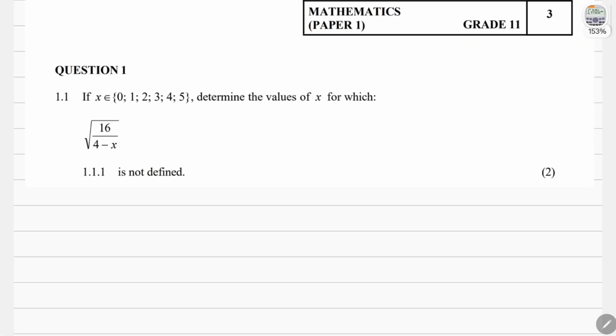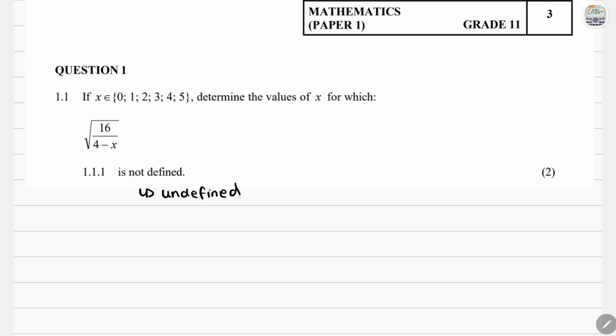Question 1, 1.1 says, if x is an element of {0, 1, 2, 3, 4, 5}, determine the values of x for which this expression, the square root of 16 over 4 minus x, is not defined. Another word for this would be undefined.